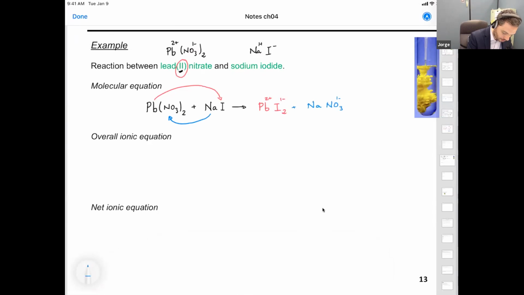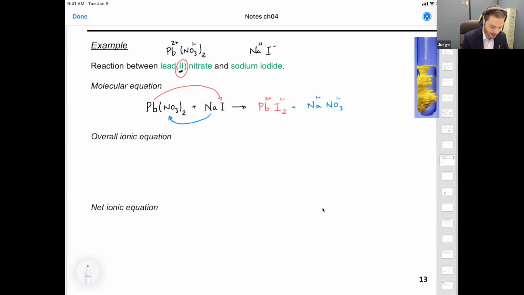NO3 is 1 minus, sodium is 1 plus, no need to cross any charges. Okay, so now the next step in the molecular equation is to determine if we have any solids being formed during the reaction. So we have two options here, lead iodide and sodium nitrate.